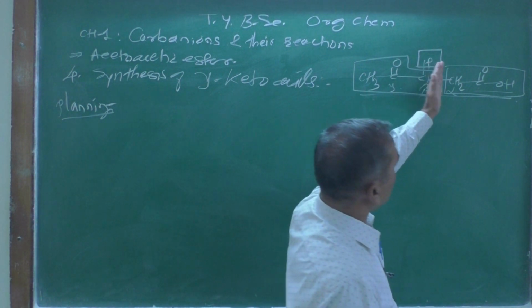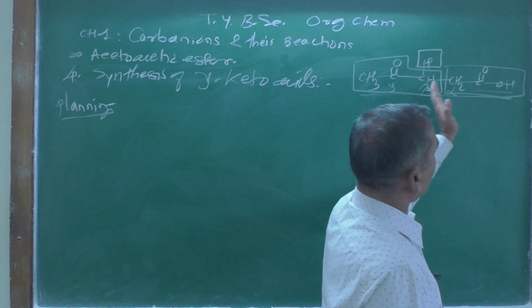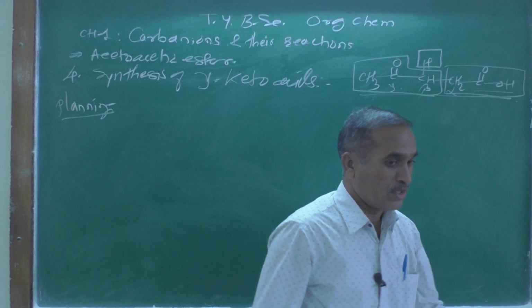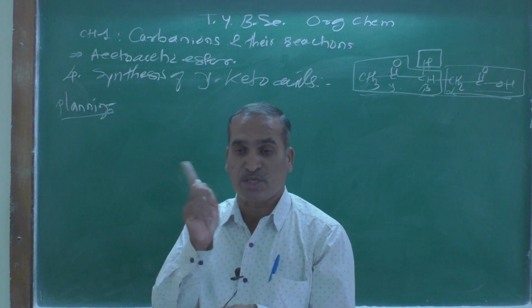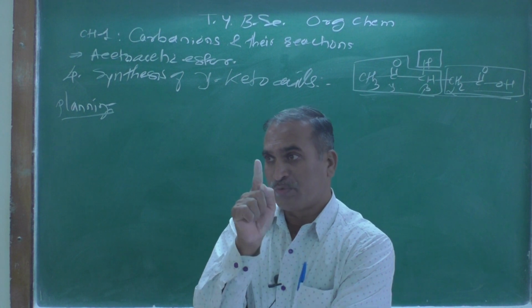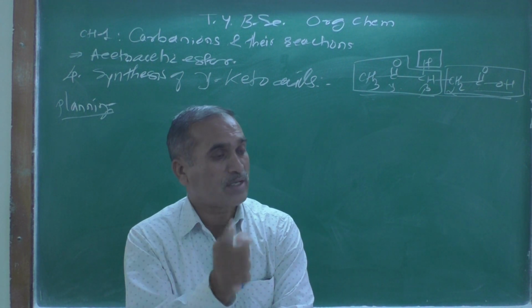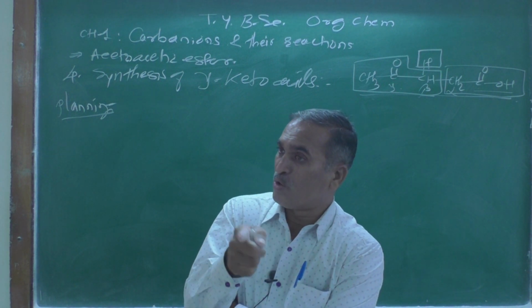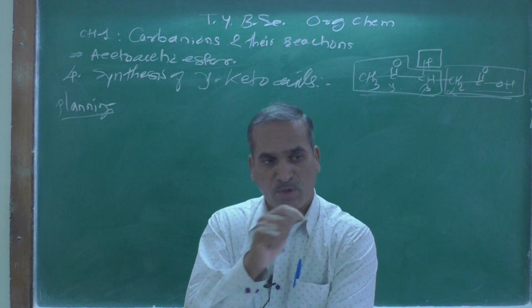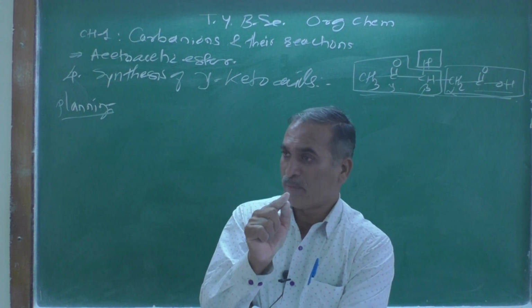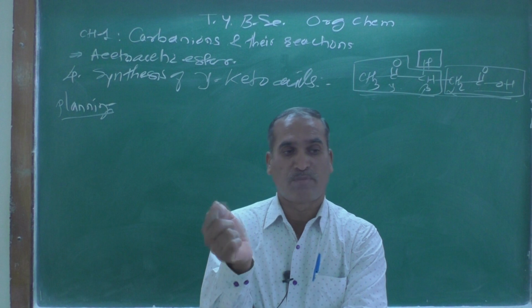And next, this part, if you observe this carefully, CH2 double bond O, H, this acid part is coming from what? If you remember, this part is coming from the alpha bromo ester, or alpha chloro ester.